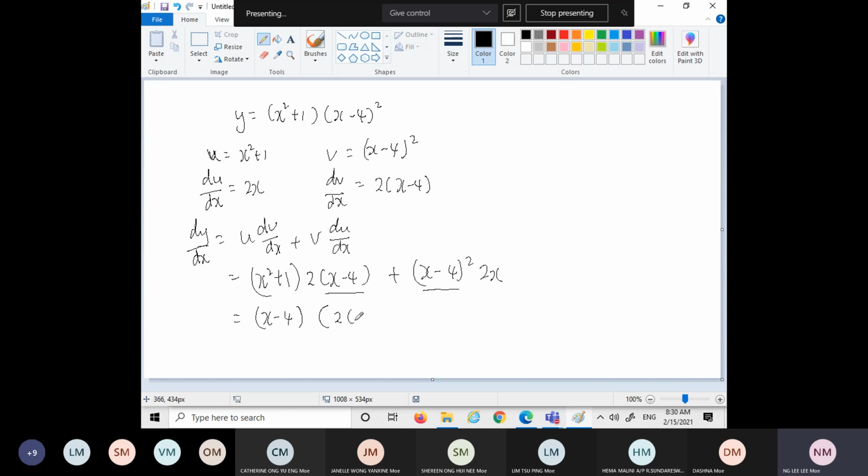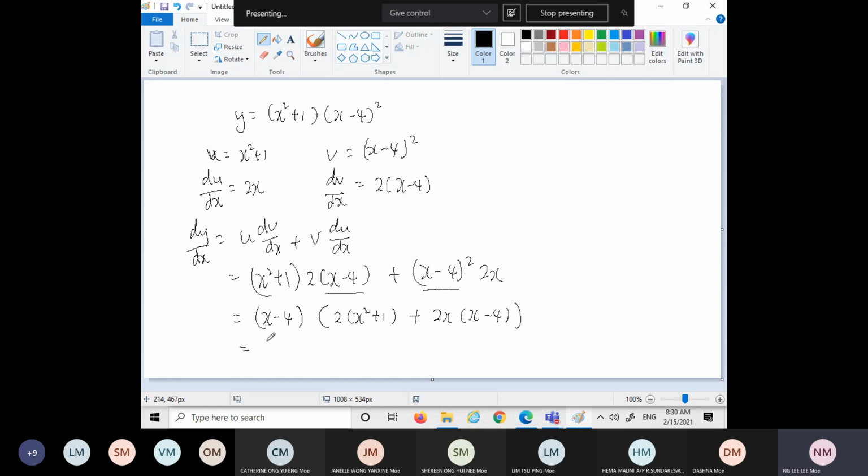For the second term, after I take out x minus 4, I still have another x minus 4 because of the square here. So I have 2x and x minus 4.